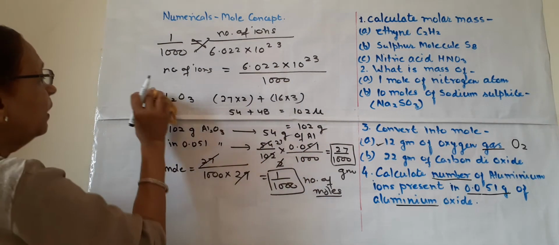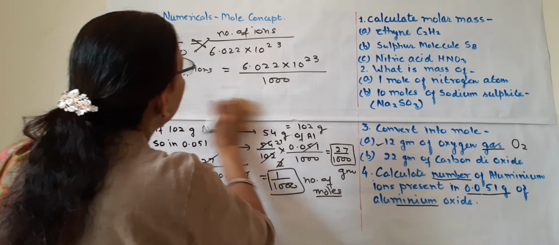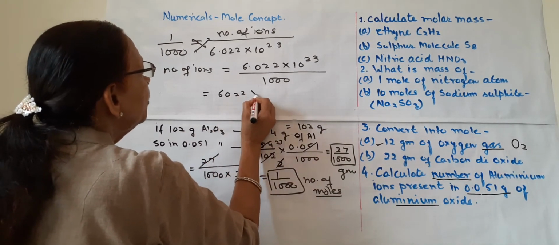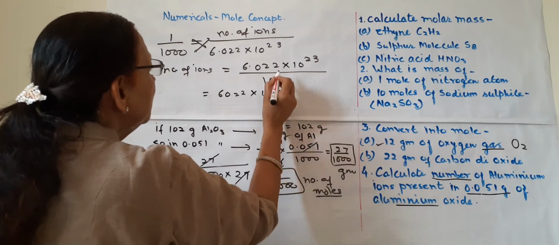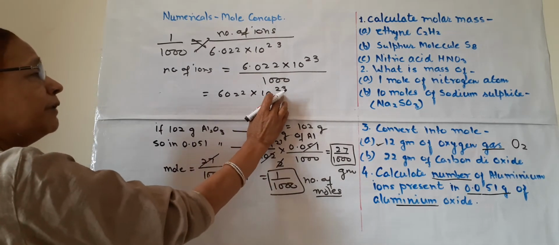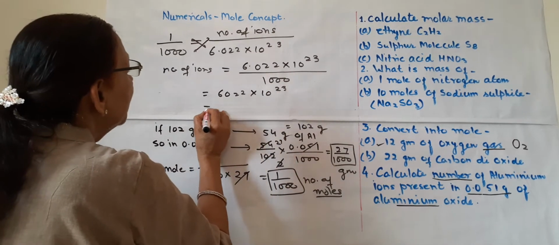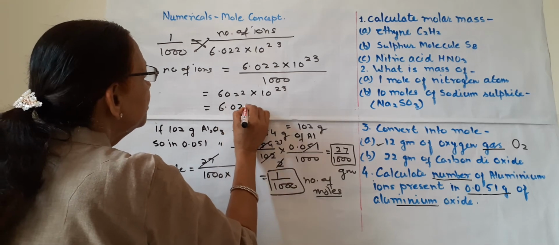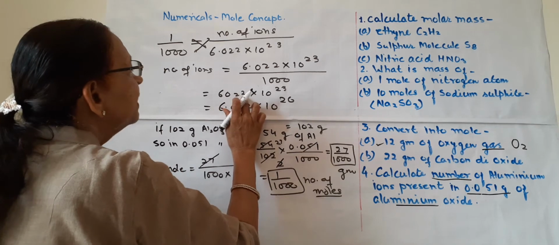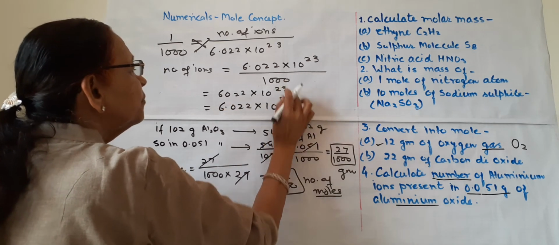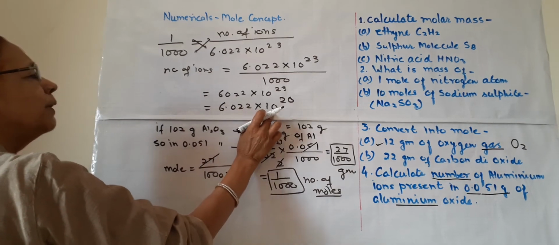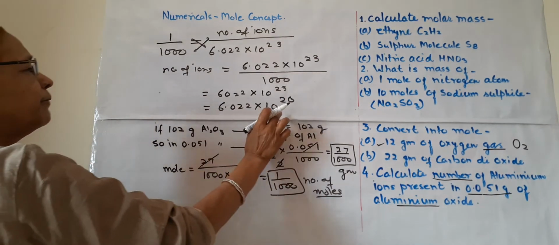Is this okay? So what will be the answer? Either you can write 6022 into 10 to the power 20 if 3 zeros are cut, but when we have this exponent here, we normally write 6.022 into 10 to the power 20. These three are subtracted from 23 and our answer will be 6.022 into 10 to the power 20. This is the right way of writing.